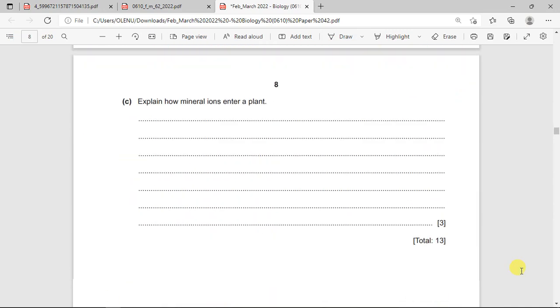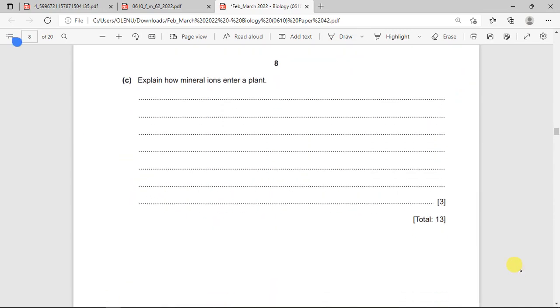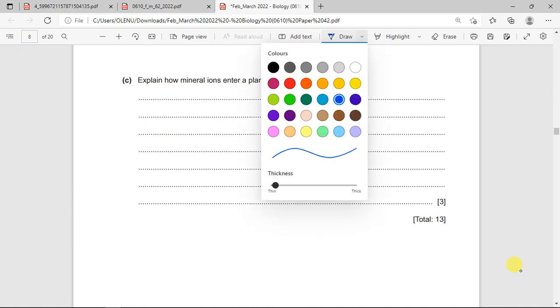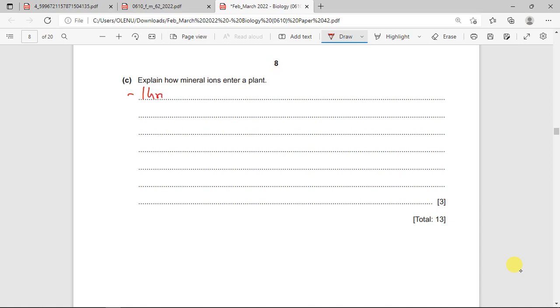Next question, they say explain how mineral ions enter plants. So simple. This is through active transport, and it is usually what?